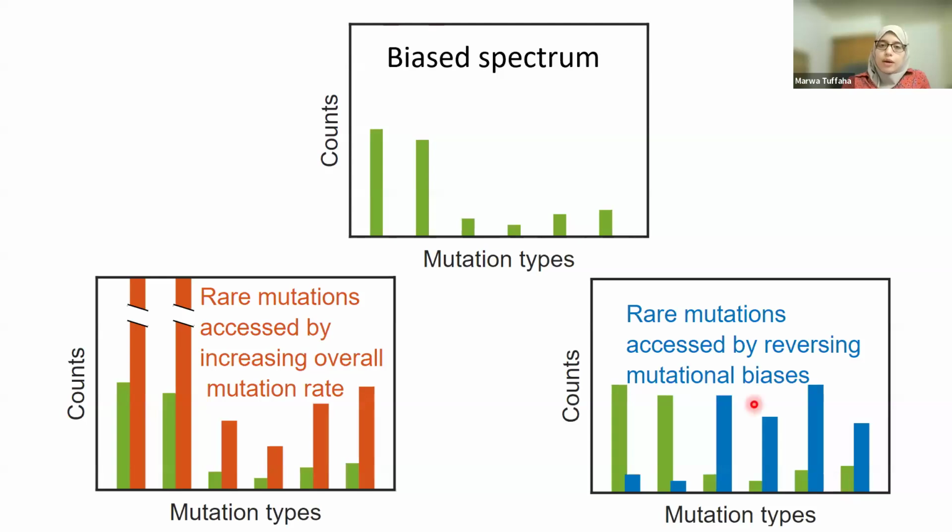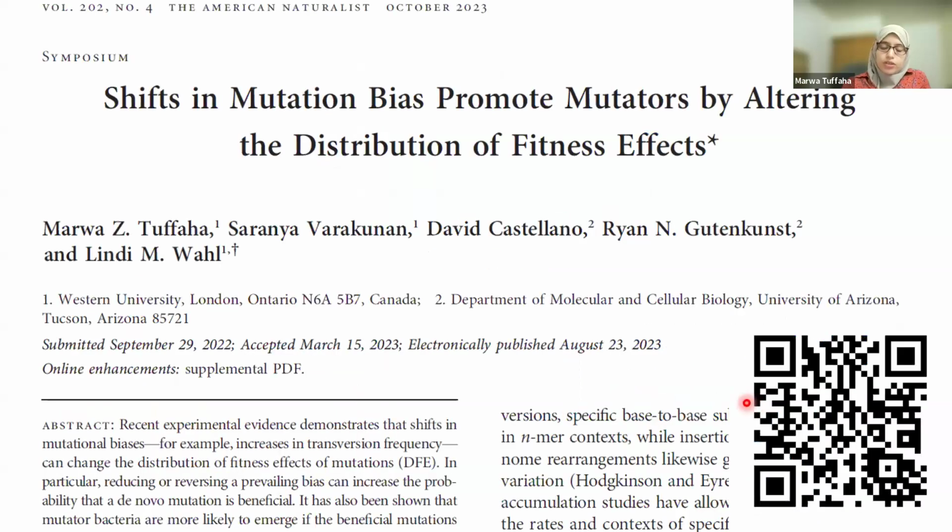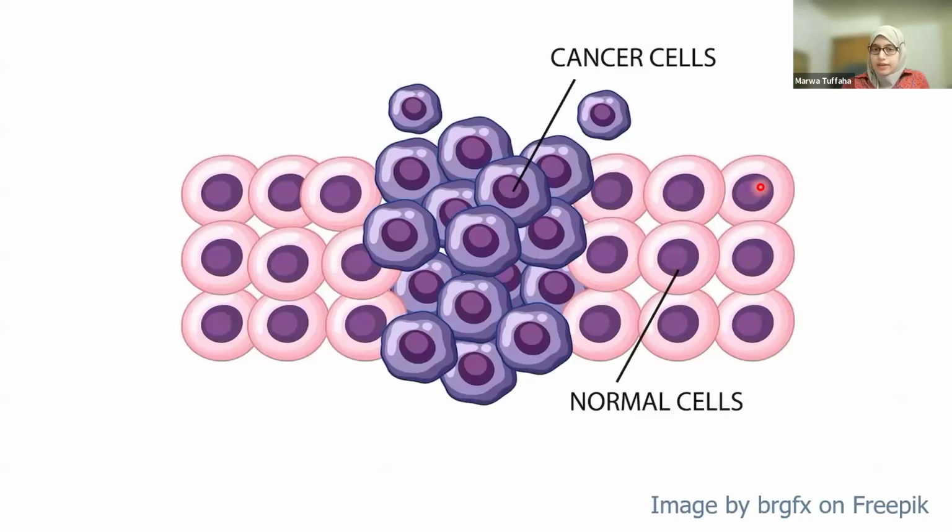In previous work, we developed a theoretical framework to study the interaction between changes in mutation rates and spectra, and the interaction between all of these possibilities. This is the QR code if you're interested. But the question of the current project that I'm presenting today is whether this applies to cancer or not.